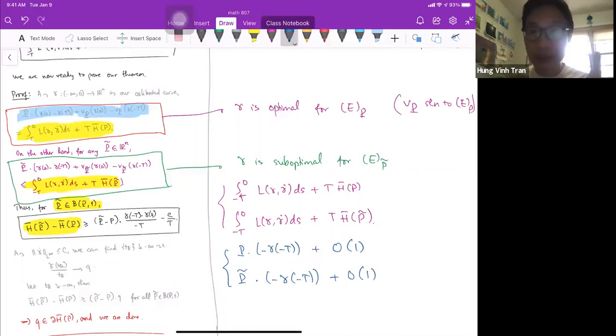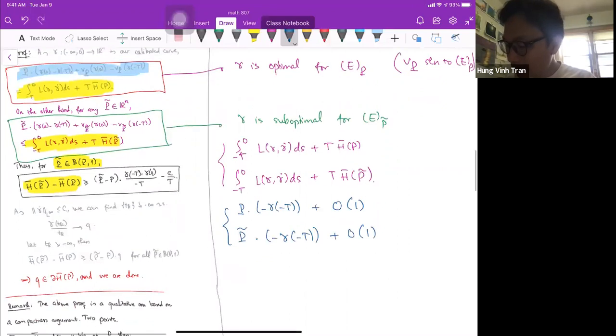Again, V_p tilde is bounded, and gamma zero is bounded. So once you do that comparison, when you do subtractions, you can see right away that h bar of p tilde minus h bar p is greater than or equal to, I hope the sign that I wrote is correct, p tilde minus p dot gamma of minus t over minus t, minus O(1) over t, something like that.